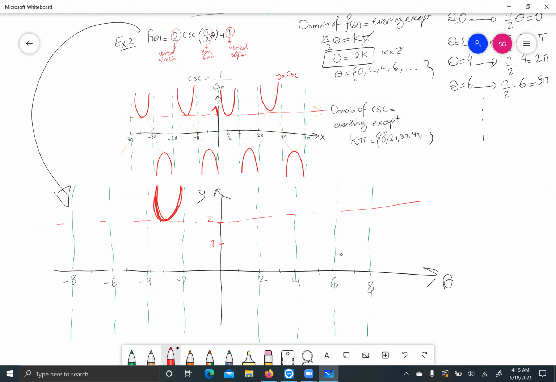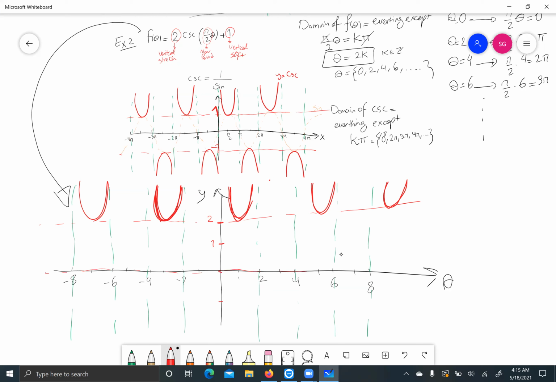Okay. And then here, here, here, here, okay? And then also we need from log, because this is -1. When you shift it 1 unit up, it goes to 0, right?